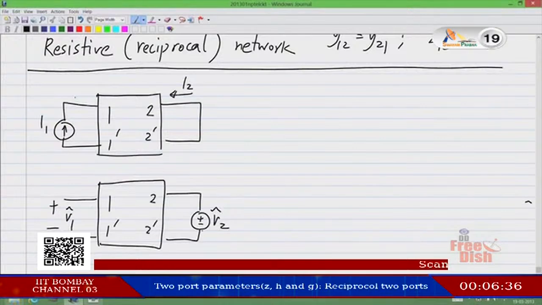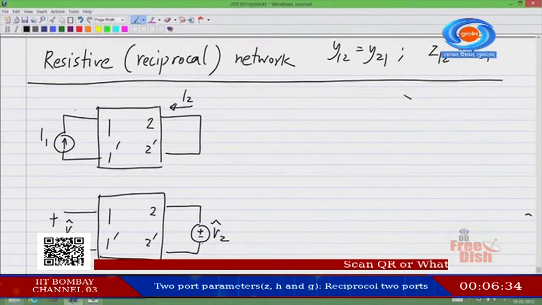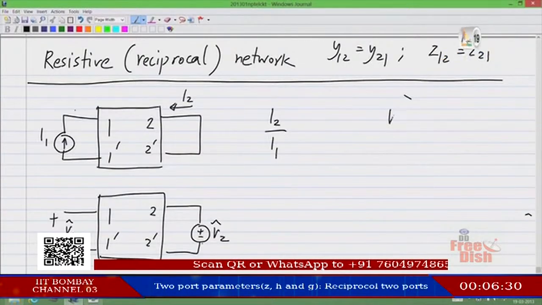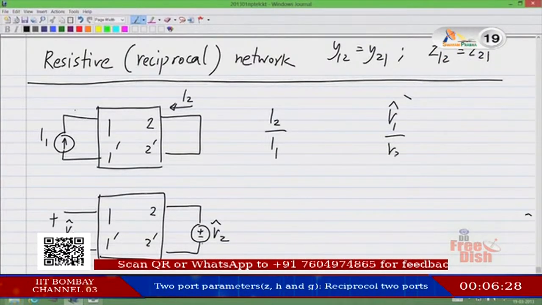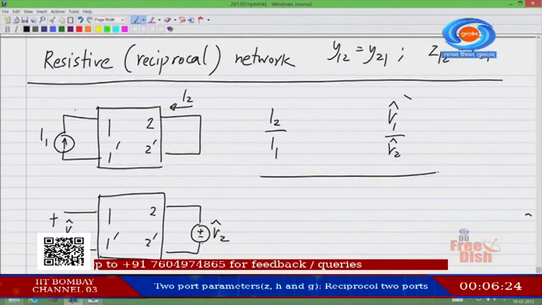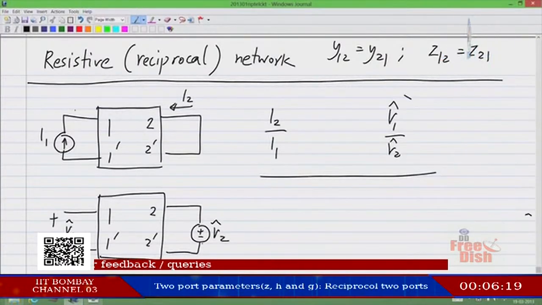V2 hat and V1 hat, and there was some relationship between I2 by I1 and V1 hat by V2 hat. What was the relationship for a reciprocal network between I2 by I1 and V1 hat by V2 hat?